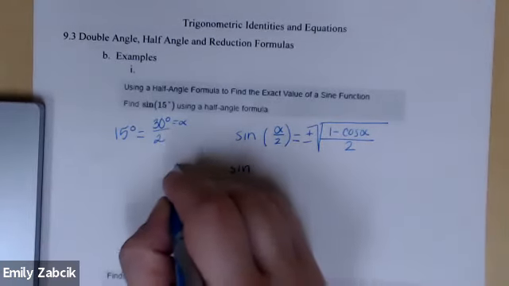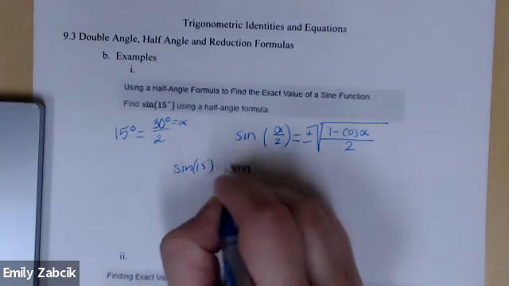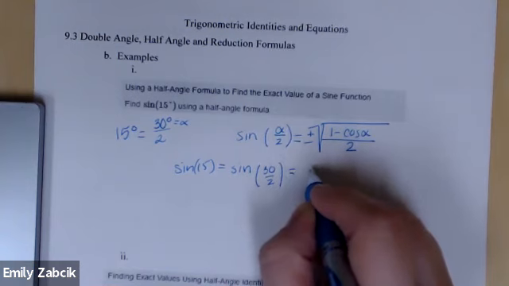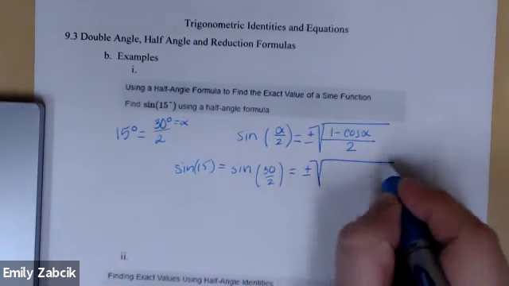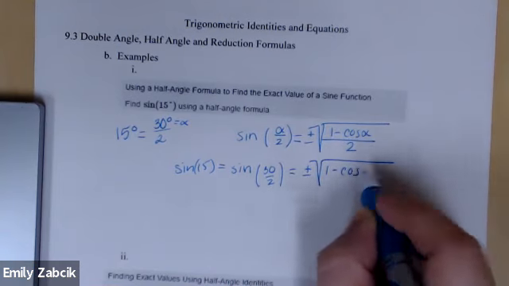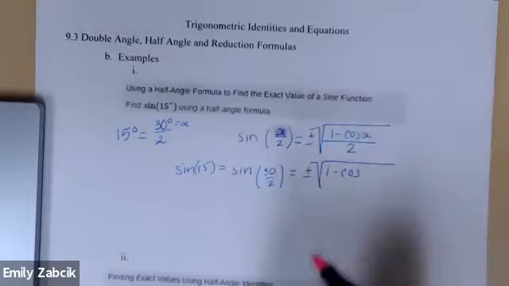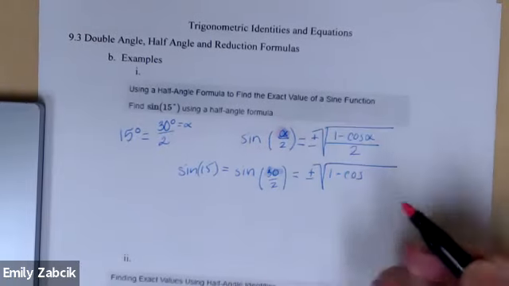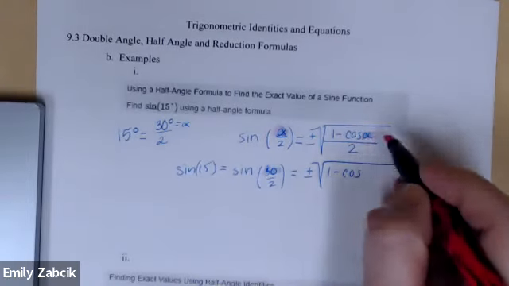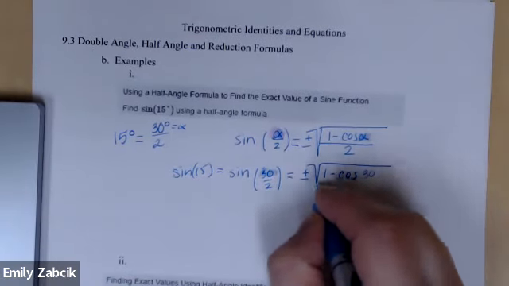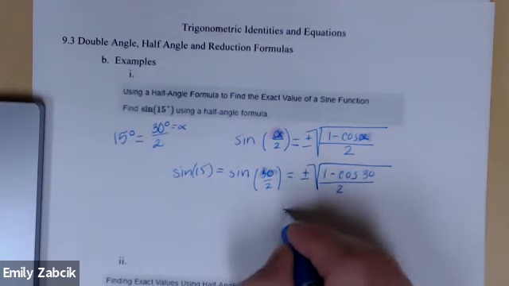So I'm going to say sine of 15 is equal to sine of 30 over 2, which is equal to plus or minus the square root of 1 minus cosine. Now here, notice I had alpha right here, and we decided we're going to call that 30. So if we're doing cosine of alpha, that means we're doing 1 minus cosine of 30 over 2.